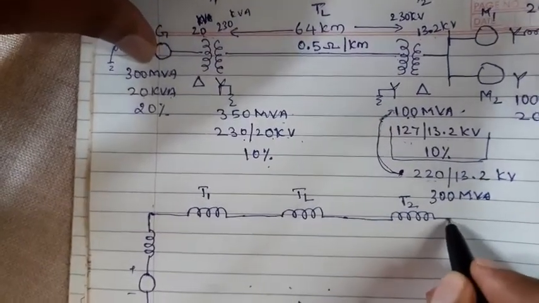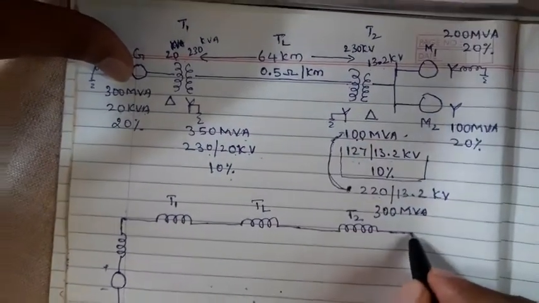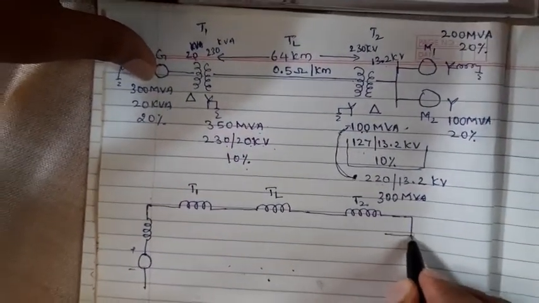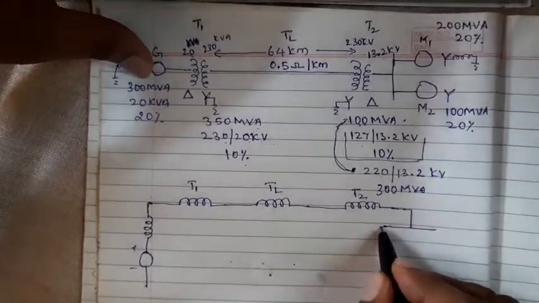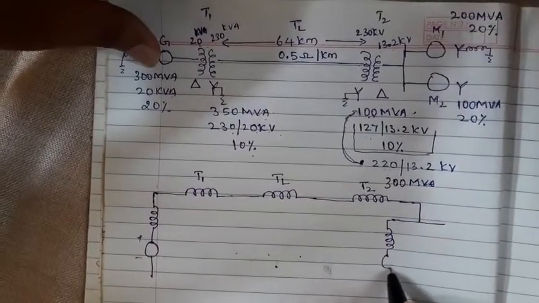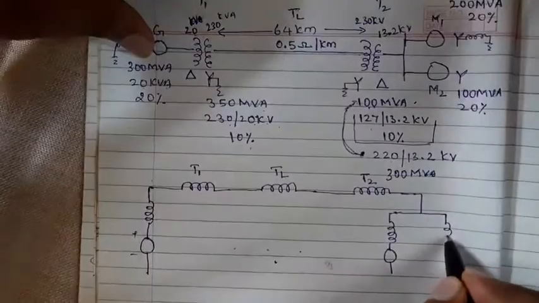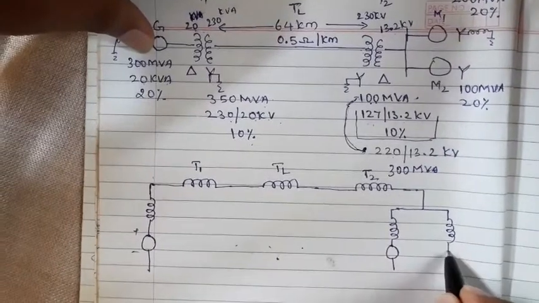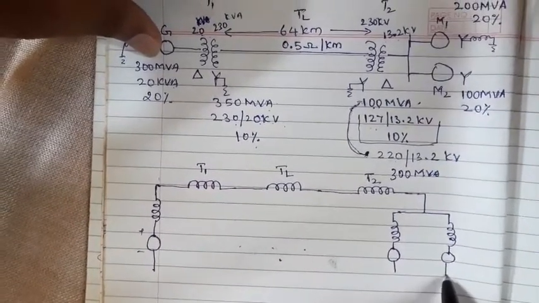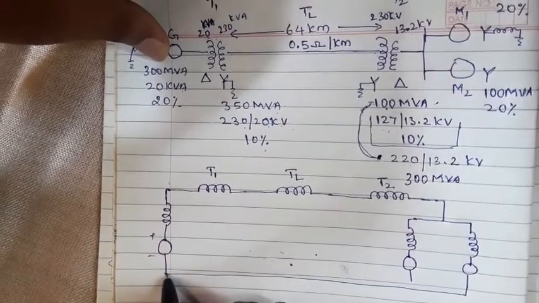Now here two motors are there, motor 1 and motor 2, so we take a common point like this. Put the reactance value, and again one motor M2 will be there, put this one, and connect.